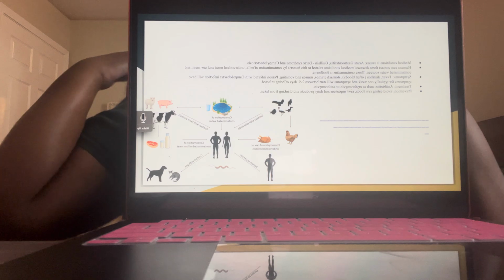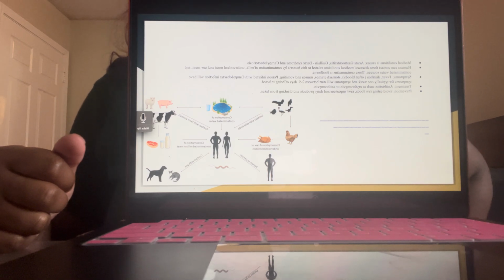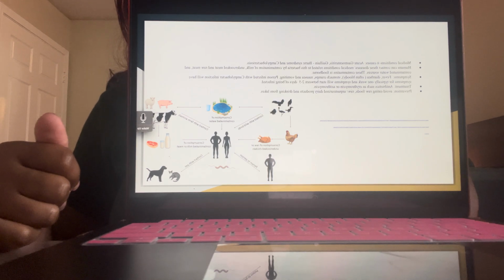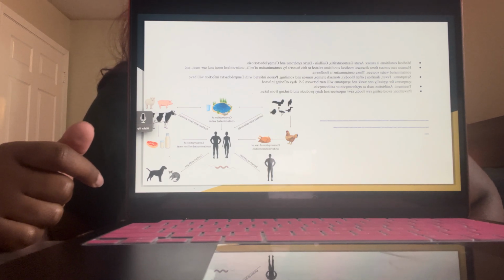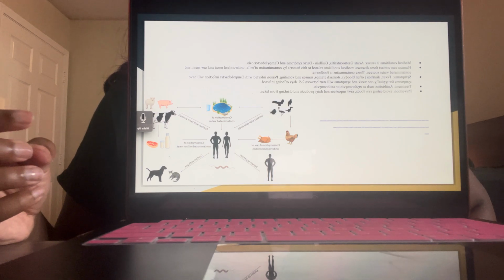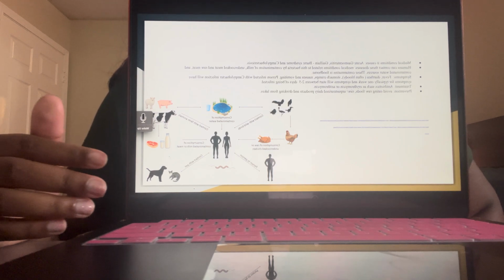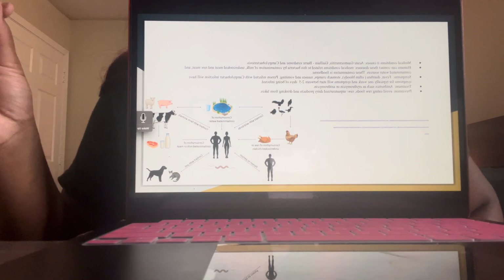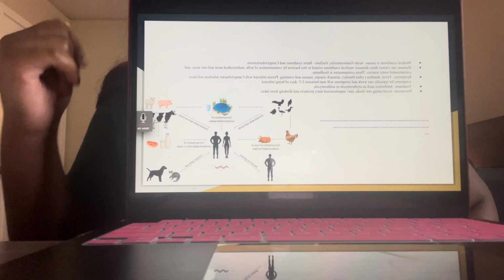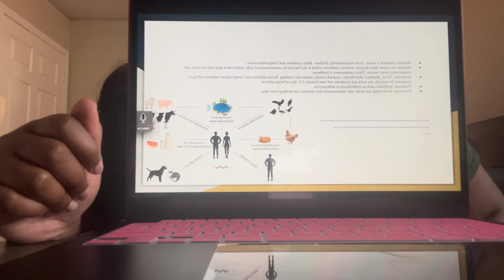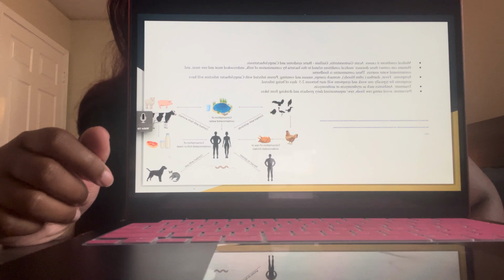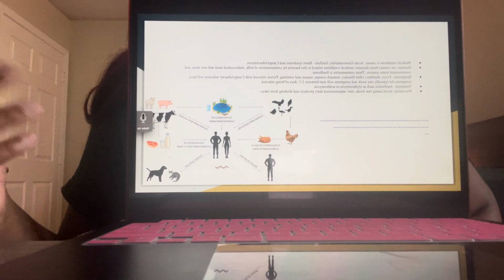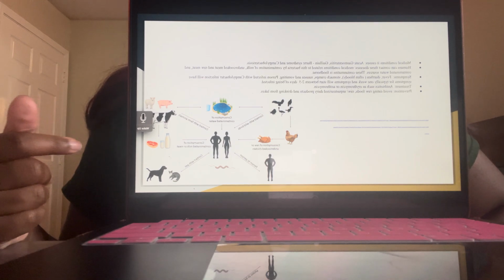The medical conditions or diseases that this bacteria causes are acute gastroenteritis, which has to do with the GI tract; Guillain-Barré syndrome, an immune system condition that attacks the peripheral nerves; and the most common condition it's going to cause is Campylobacteriosis, which has to do with the inflammation of the intestines.